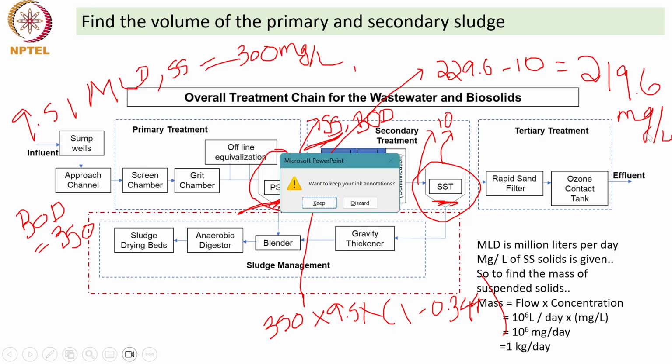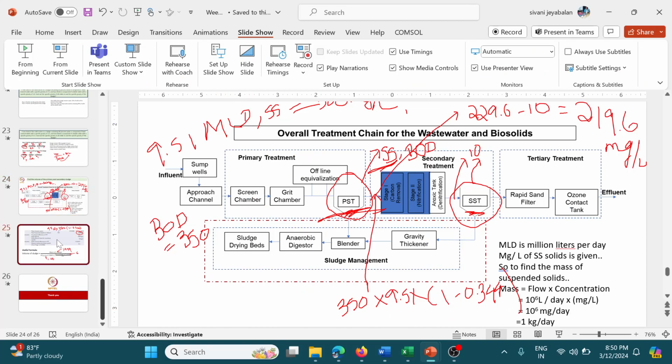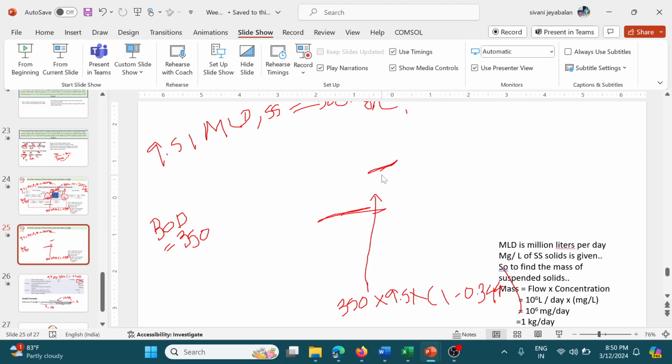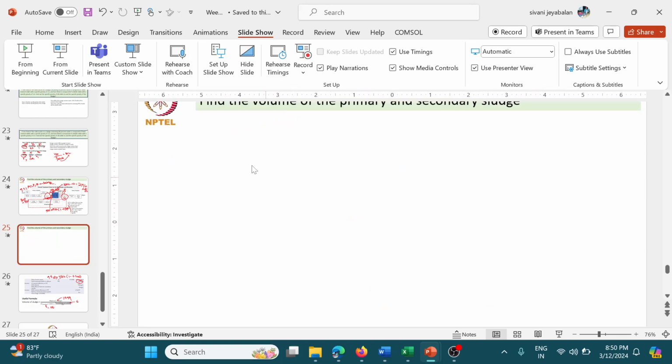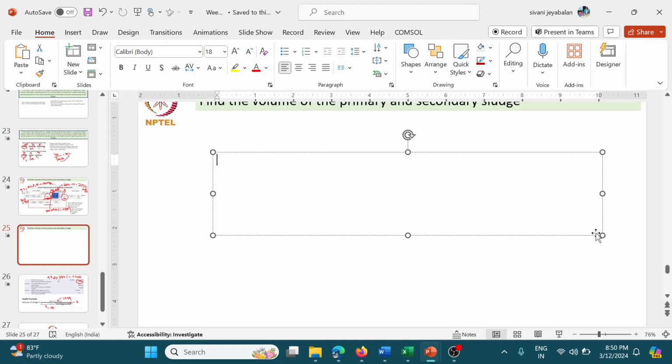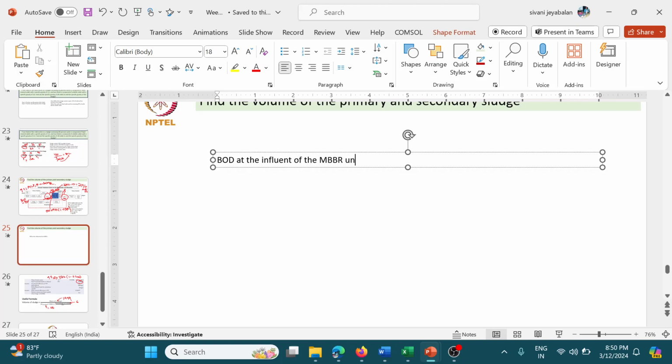I'll write it down. BOD as the influent of the MBBR unit is equal to 229.6, which is calculated from 350 into 1 minus 0.344.